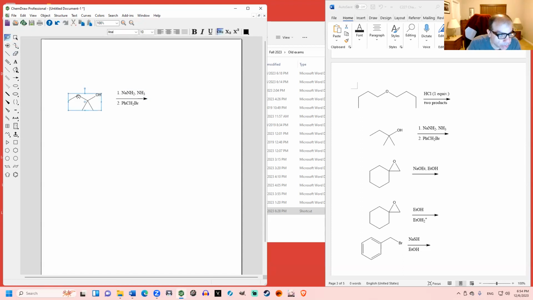And in the end, you get an ether. And this carbon here is the CH2 in the benzyl bromide. The CH2 right over here.